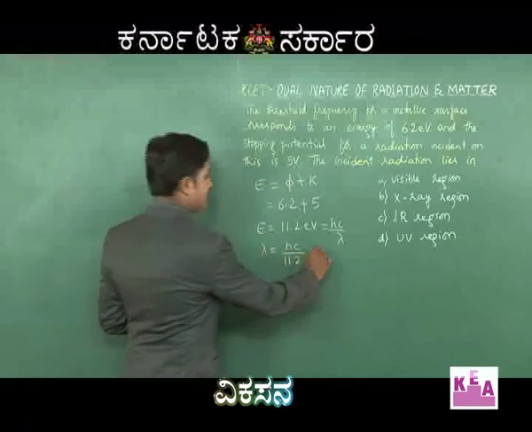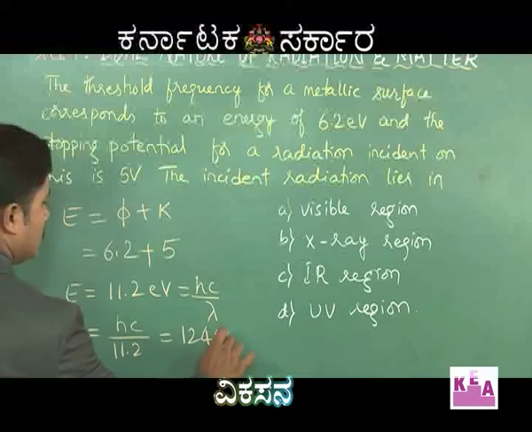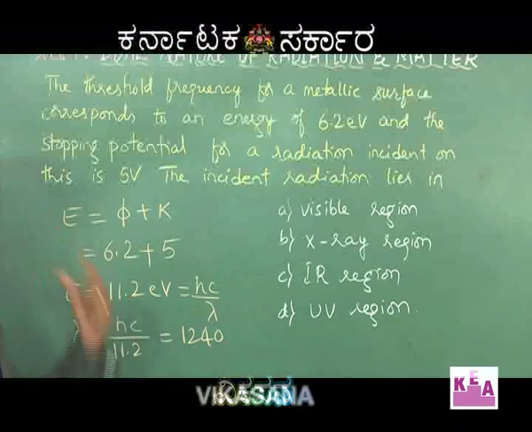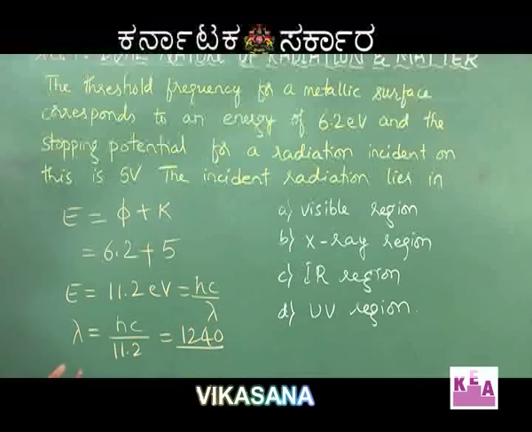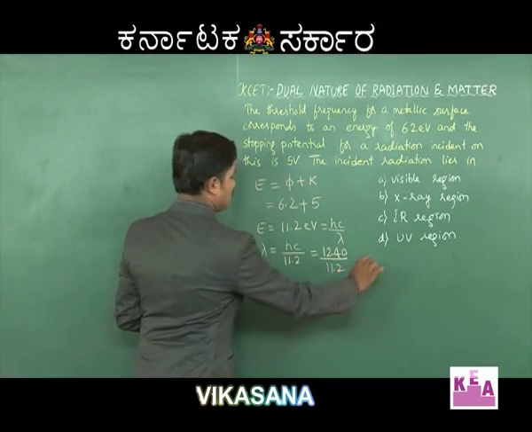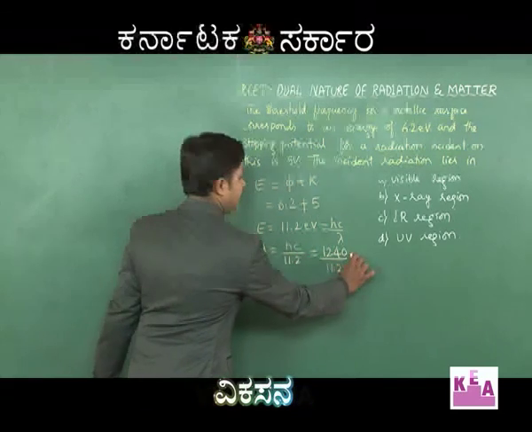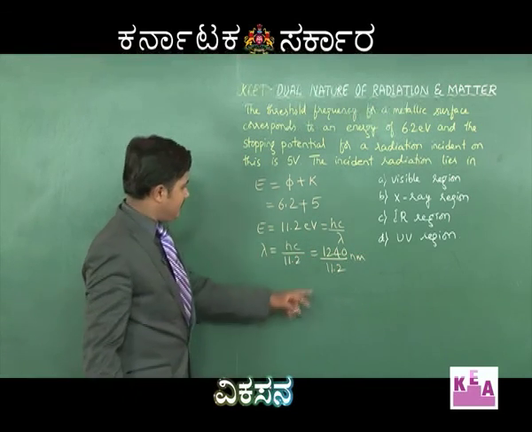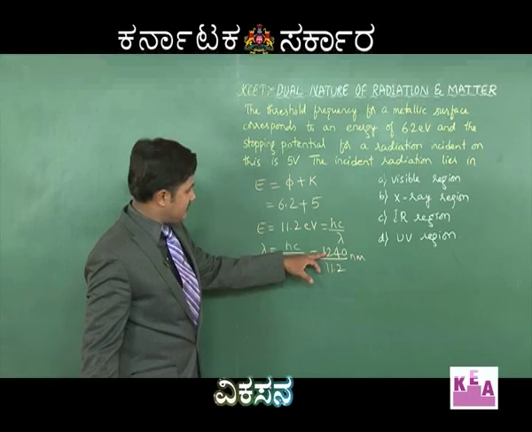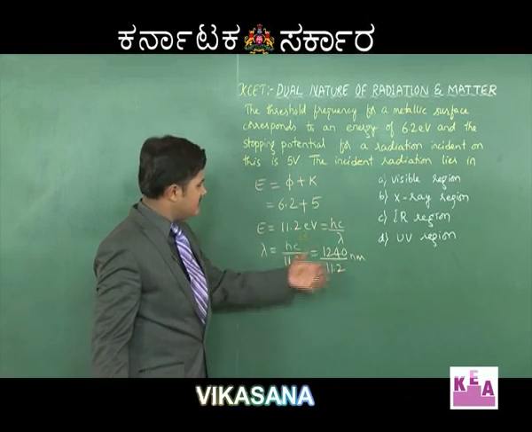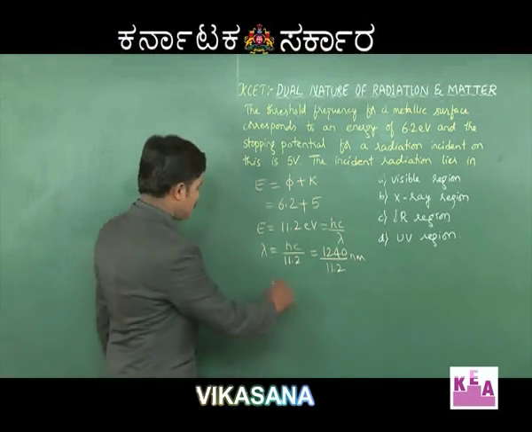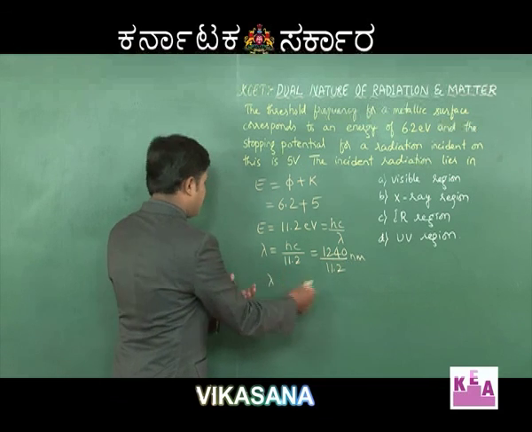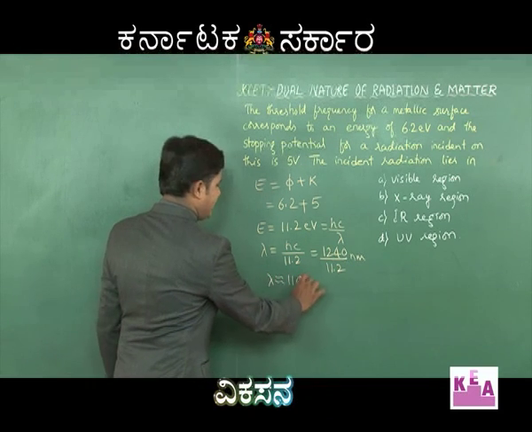I hope you remember this value, 1240 electron volt nanometer, divided by 11.2, and the answer will be in nanometer. So approximately this is 1200 by 11, slightly greater than 100. So let me say somewhere around 110 nanometer.